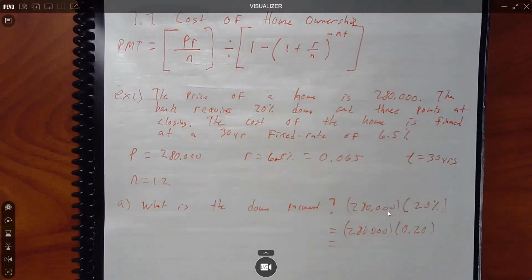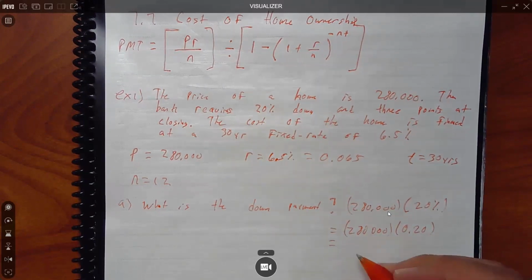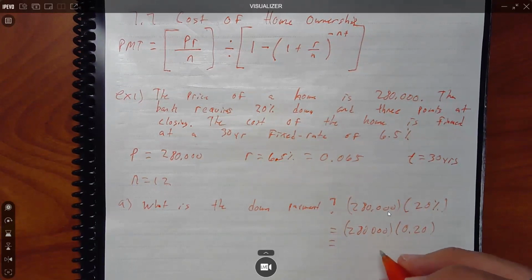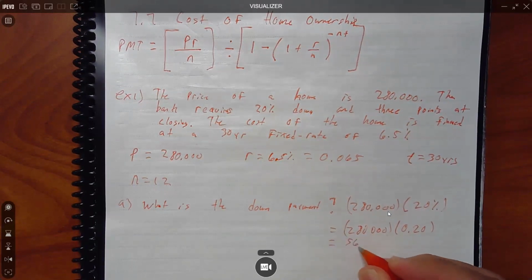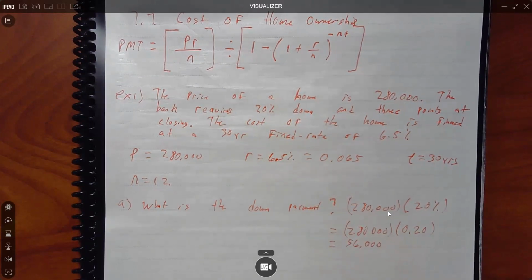Okay, so 280,000 times 0.2. So they want a ton of cash, 56,000. So that's the down payment they want.